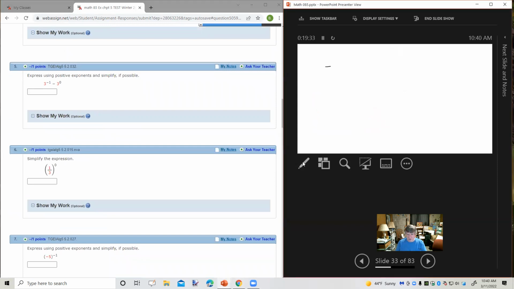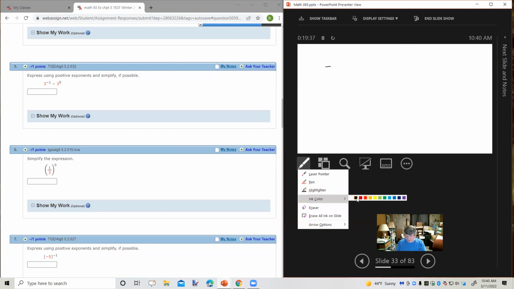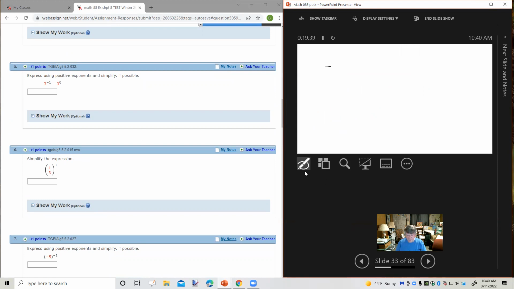Let's take a look at problem number 5. Express using positive exponents and simplify if possible. 3 to the -1 power minus 3 to the 0 power. 3 to the -1 power would be 1 over 3 to the +1, or just 1/3. 3 to the 0 power is 1.